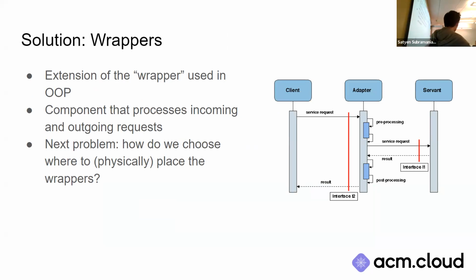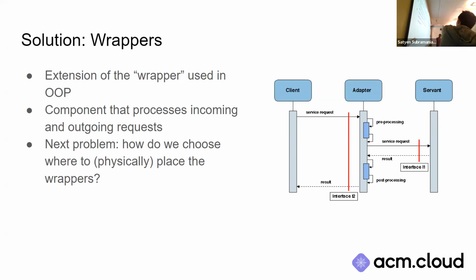If you ever used object-oriented programming, you would know that a wrapper is basically taking a class and extending the functionality around the existing class. And something similar is happening here. You're basically having an entire component wrapped around your distributed system in order to interface with the new standard. You can essentially think of it as a translator between different interface methods.